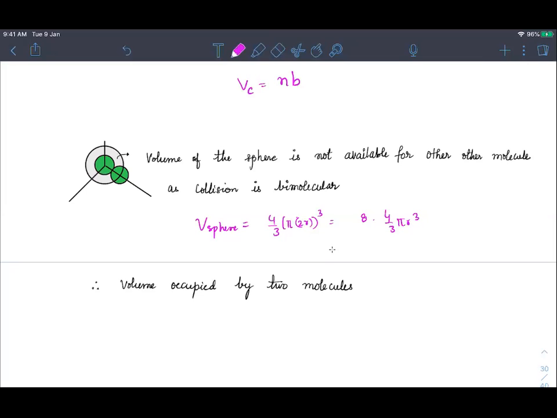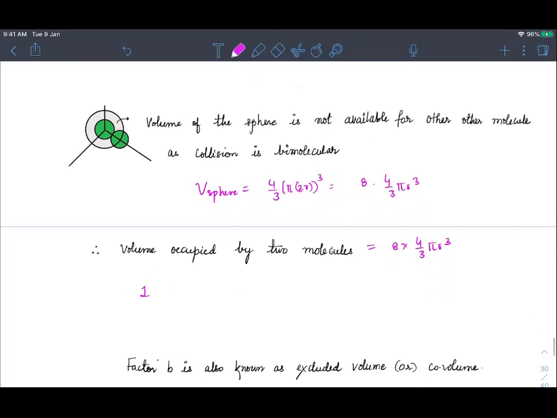Which means two molecules or two particles are covering 8 times 4/3 pi r cube volume, right? So for one particle or one molecule, 4 times the volume of the particle is covered. This much volume will be occupied. One molecule's volume occupied will be equal to 4 times the volume of the particle.